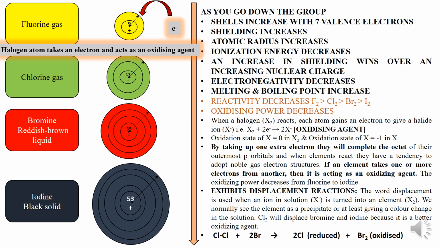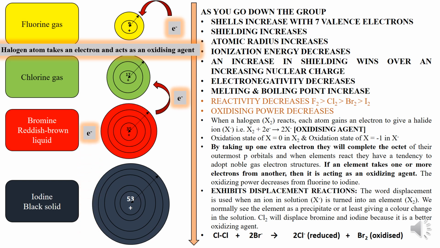Why does chlorine oxidize bromine? When you treat the solution of bromide ion with chlorine gas, it takes an electron from the bromide ion because chlorine is a strong oxidizing agent as compared to bromine. So that is the primary reason for chlorine to oxidize bromine.